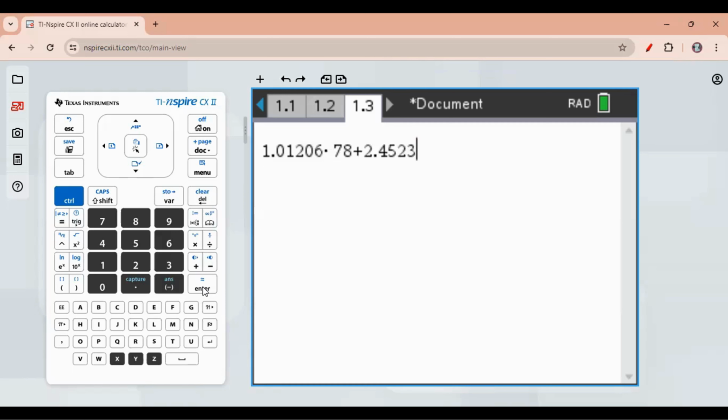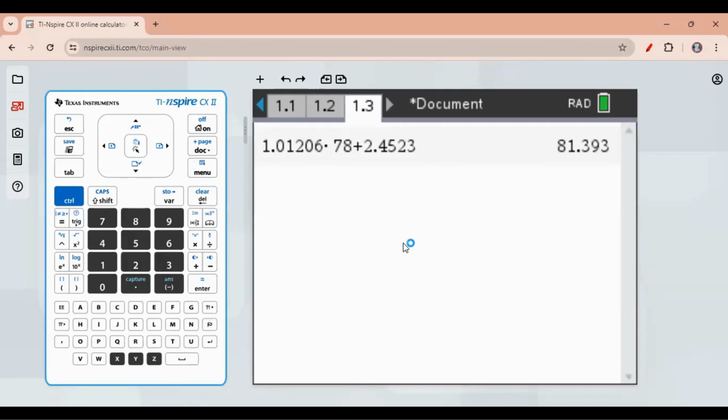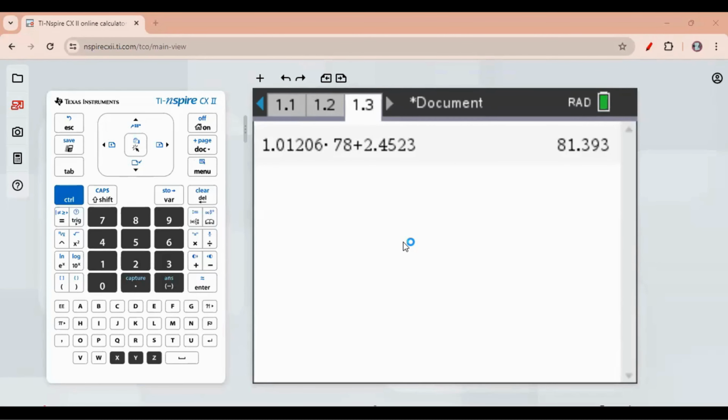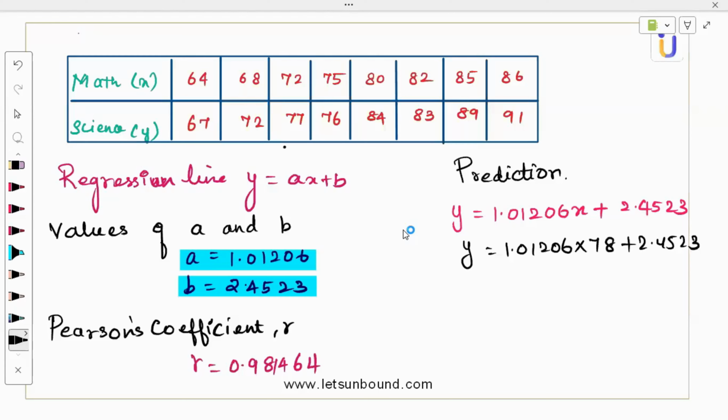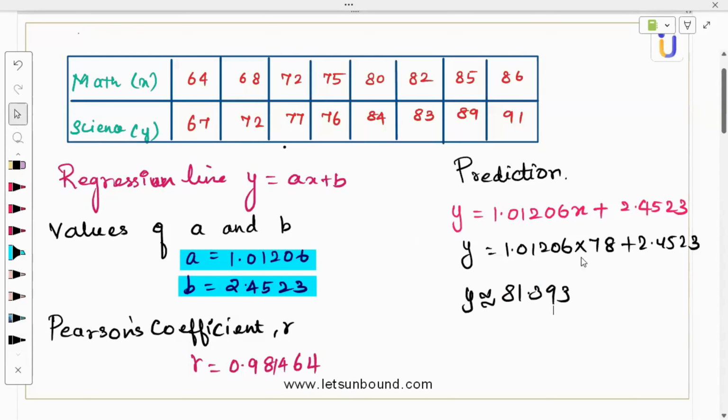And that's simple. So it is 81.39. And let's close the question. So if the math score is 78, the respective science score is approximately 81.393. That's simple. So it's a very simple linear regression concept.